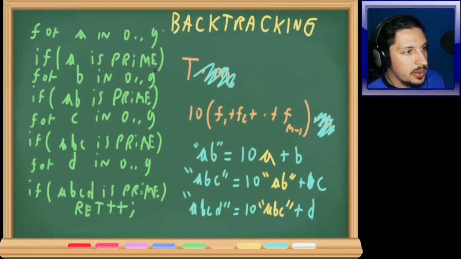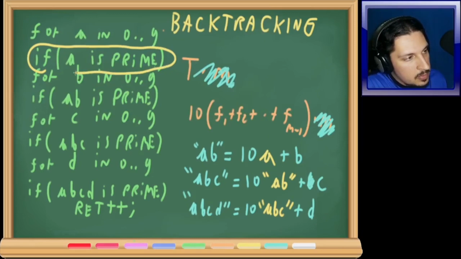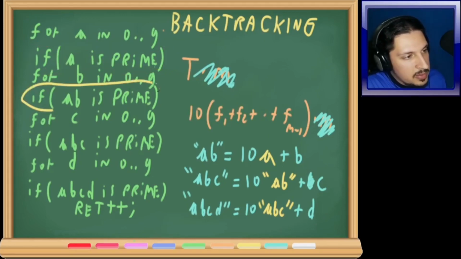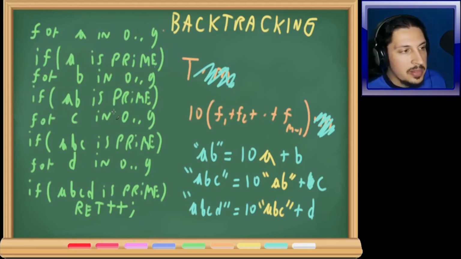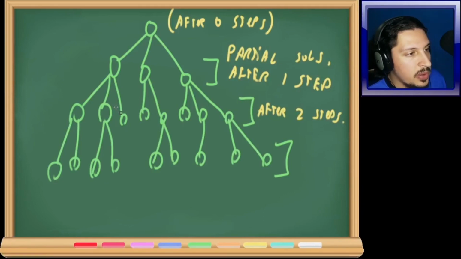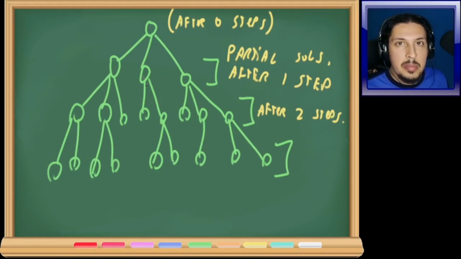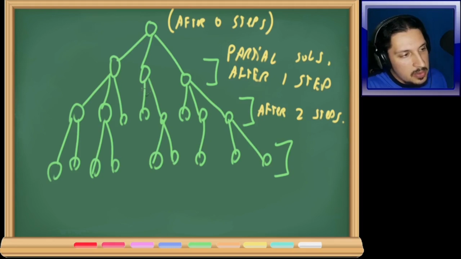So in our example code with for, each time that we successfully pass one of these if checks, then we are going to a child node of the current situation. So each of these edges in this generic tree representation of the backtracking execution corresponds to one of those checks being passed. Those that are failed are typically not thought of in the drawing, but would be like failed children, so to speak.